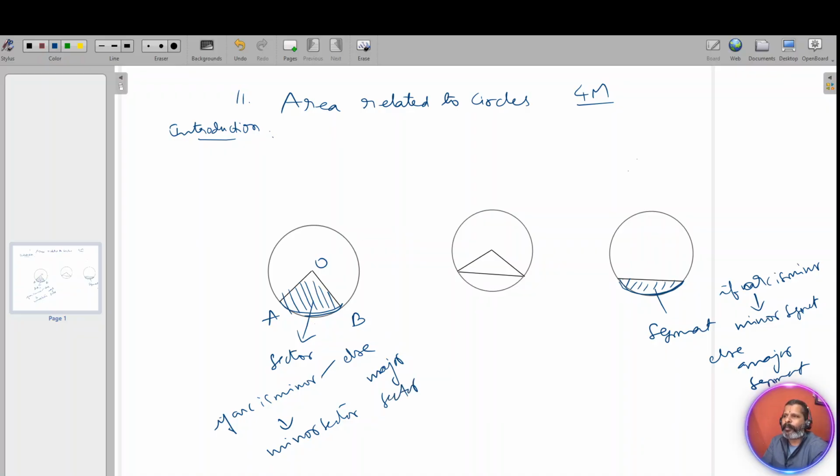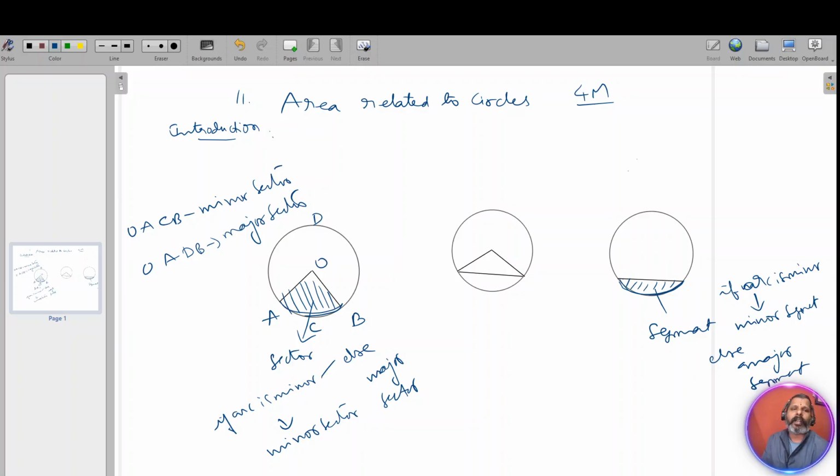So here, if I put one more letter, OACB is a minor sector. We take another part, that is OADB. It is a major sector. This is one thing: sector and segment.